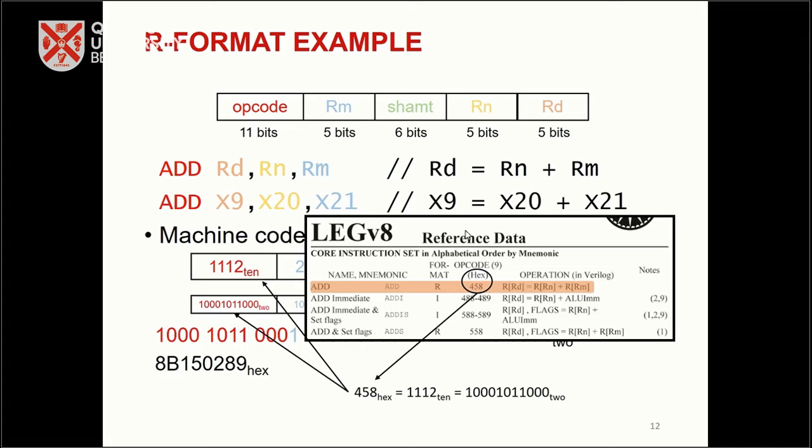So now you have everything to encode any operation. So you know how to encode all these registers here, and now if the operation changes, for instead of an add, I have a sub or whatever, you just need to go to the reference data and you look for the value for the opcode, and that's all.